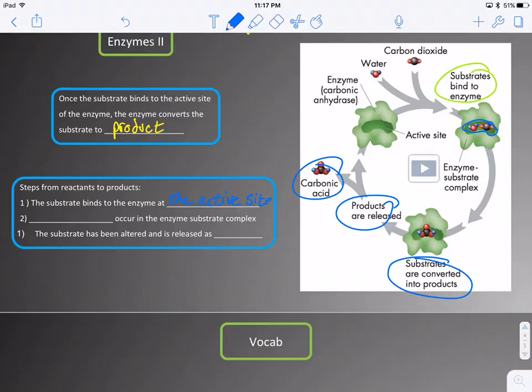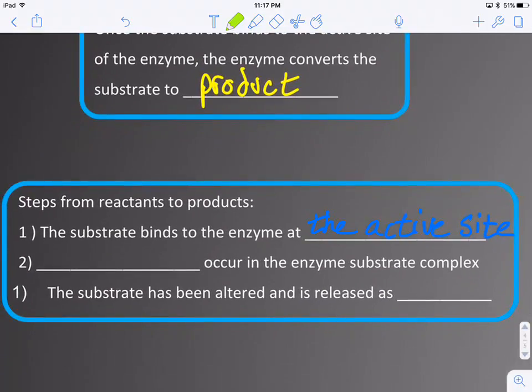Okay, I'm going to change this back to green to help you guys out. Substrate binds to the enzyme at the active site, and then we have chemical reactions. You guys can abbreviate that, it's just chem. Okay, we have chemical reactions that are occurring in this enzyme substrate complex.